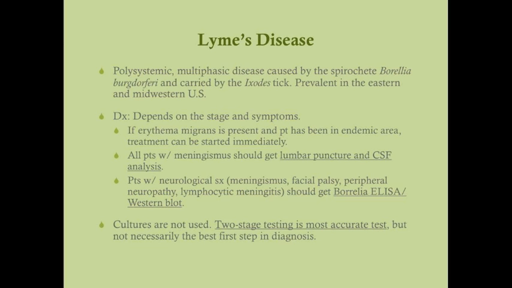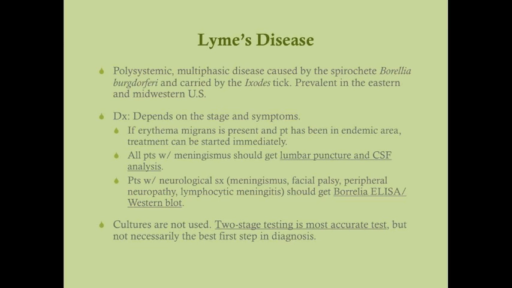So those neurological symptoms are meningismus, facial palsy, peripheral neuropathy, and then a lumbar puncture, CSF analysis that shows a lymphocytic meningitis. There are Borrelia serology tests, but there is a high rate of false positives and false negatives. So Borrelia serology, if it's the only choice you have, go ahead and choose it.